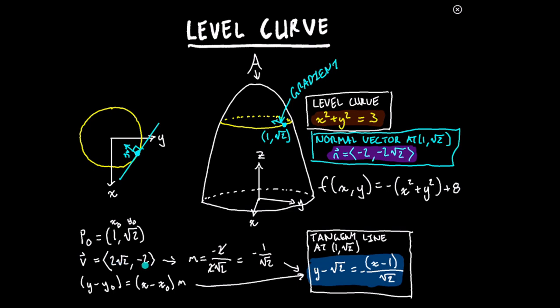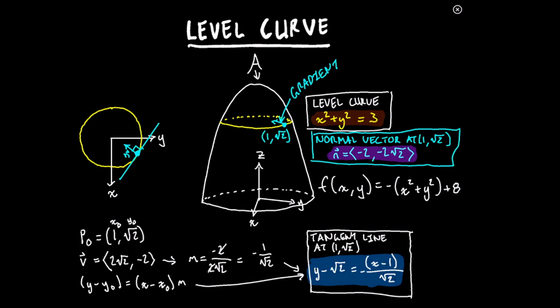We just negated one element and then flipped the two to give us our vector along the line. Then we recalled our equation for a line, and the only thing we were missing was m, and we can get m from the vector by just dividing the y component by the x component. Then plugged everything in, and we got our equation.